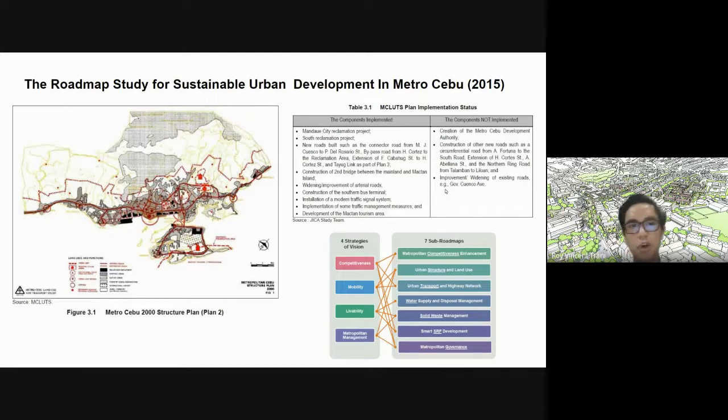Things that they wanted to do but were not implemented were the creation of the Metro Cebu Development Authority. So that was a big misstep, or not a misstep, but an unfortunate event, that there really is no Metro Cebu group. I think it's currently functioning as an NGO, making waves.